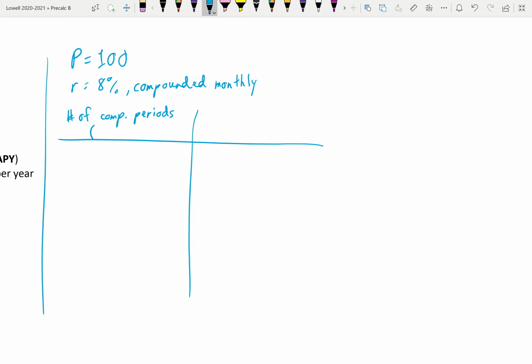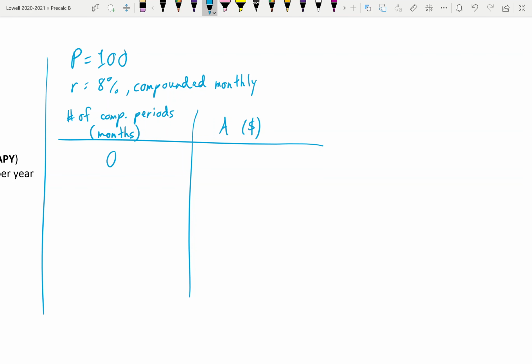A compounding period is simply how long it takes for you to get paid the interest. So since we're being paid monthly, this is going to be essentially the number of months passed since you opened it. And over here we'll have the amount, which will be A, in dollars.